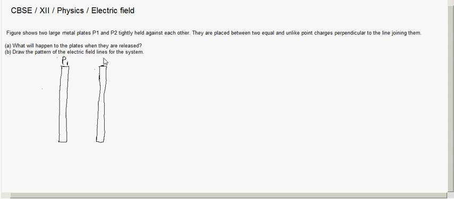So these are the given two plates P1 and P2, and then they are placed between two point charges perpendicular to the line joining them. So here the charge given is plus Q, and then here it is given minus Q. Now what will happen to the plates when they are released? Draw the pattern of the electric field lines of the system.